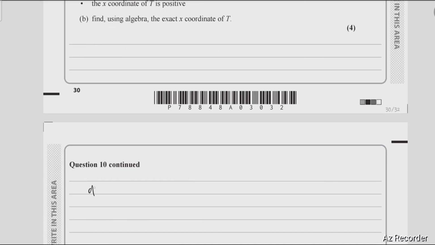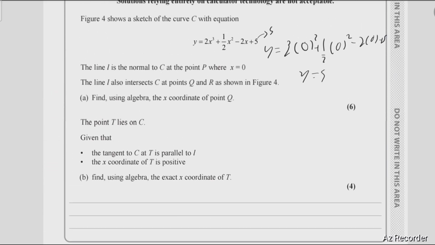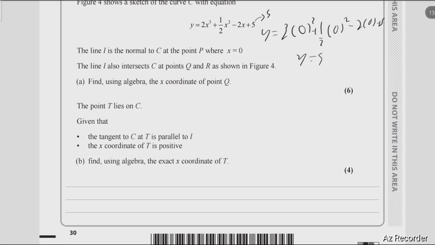Now we're gonna have to differentiate that function to get the gradient of the tangent, and then the reciprocal, which is the gradient of the normal.